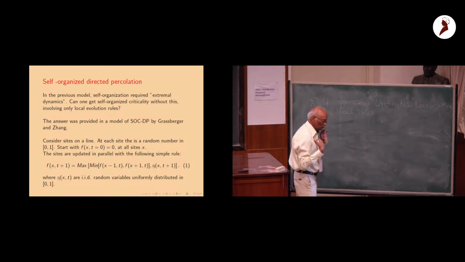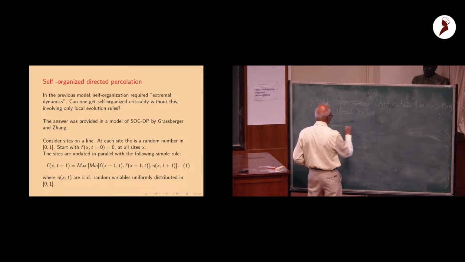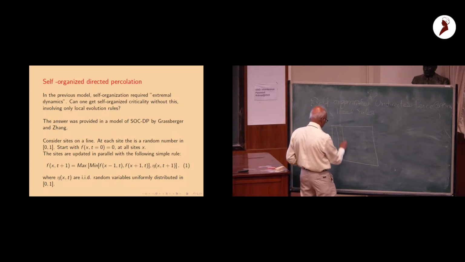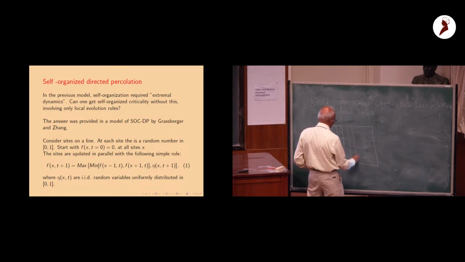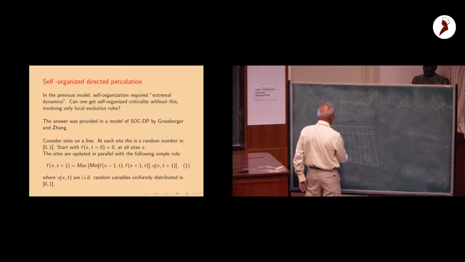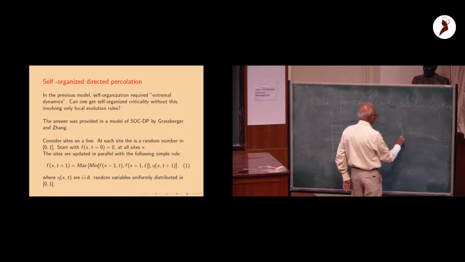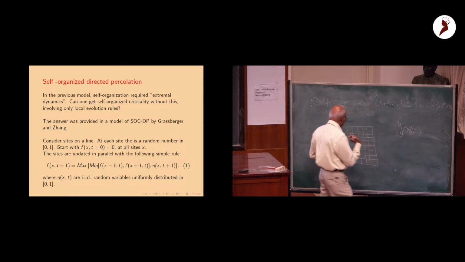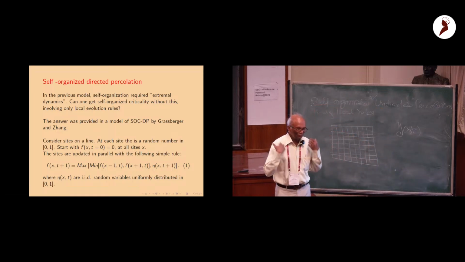So what we do now is let us take a 2D lattice. Actually the argument works for all dimensions also here. Again, there is a value eta xy, which is an independent random variable at each site. I just throw it in.